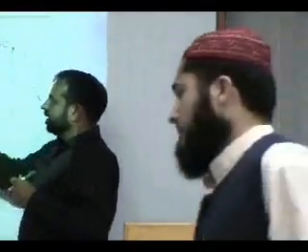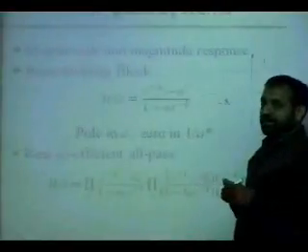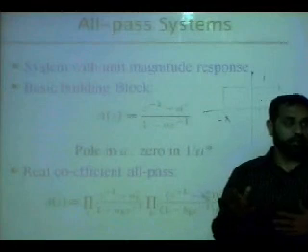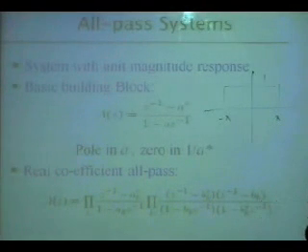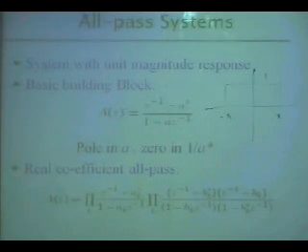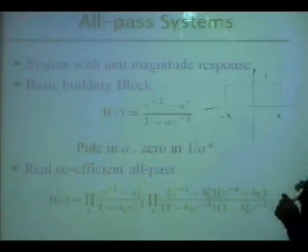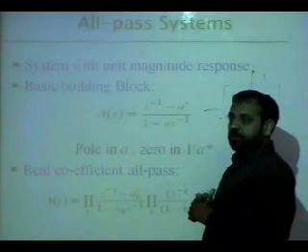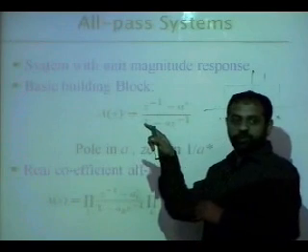And sometimes, let's say in an inverse system, there is a pole outside the unit circle, and you don't like it because that is an unstable system. So you put in cascade an all pass system with it, and that all pass system has a zero at the location of the pole.